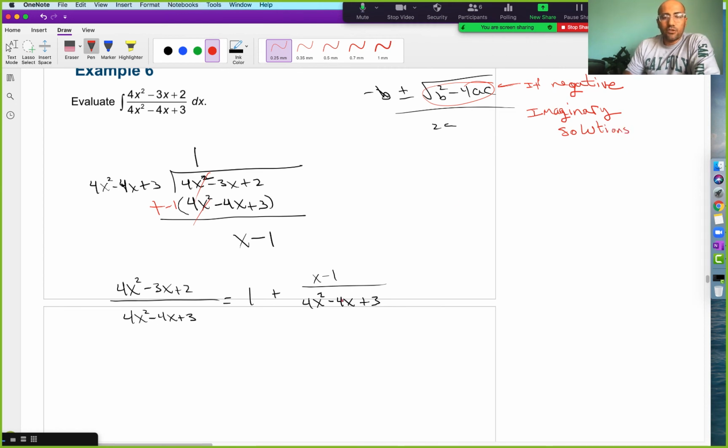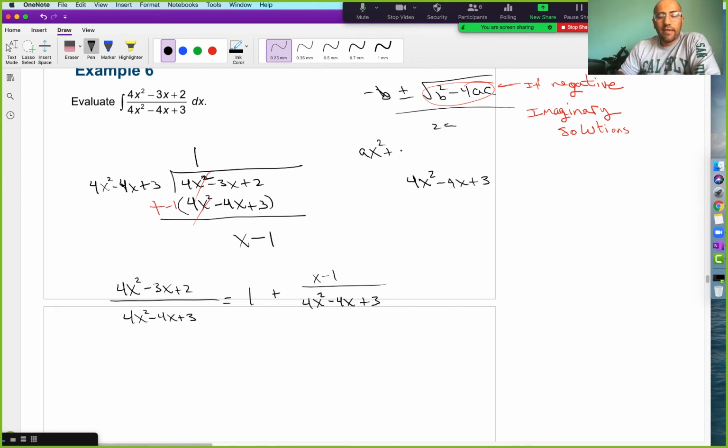So it's pretty easy to just check if this is going to turn out to be something involving imaginary solutions. I have 4x squared minus 4x plus 3.